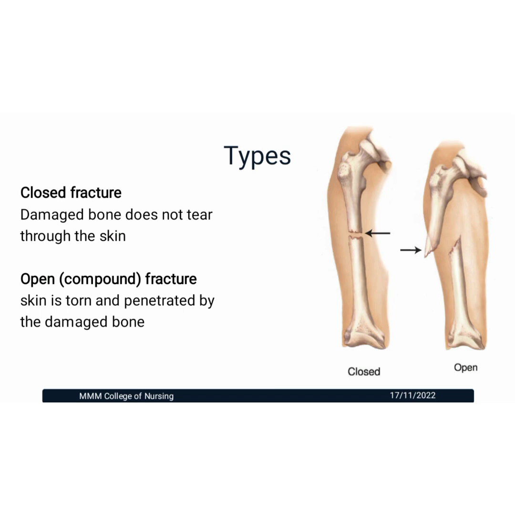So when we look from outside, the skin will be intact, but there will be swelling and pain in the underlying tissues. Open fracture: skin is torn and penetrated by the damaged bone. Here we can obviously see the broken skin and also the bleeding along with the fractured bone.